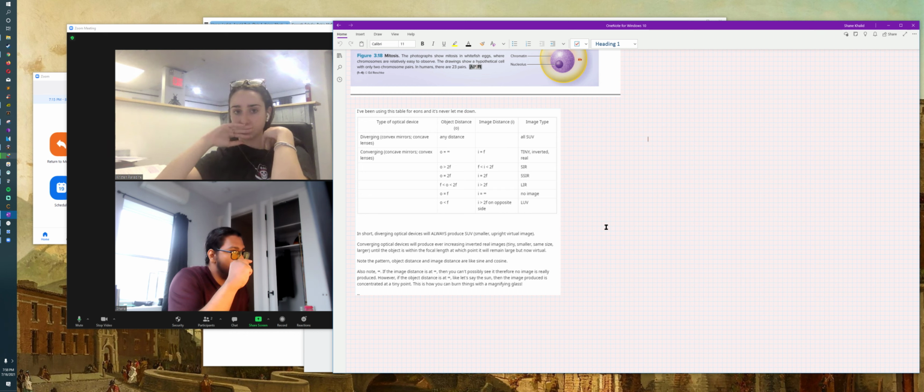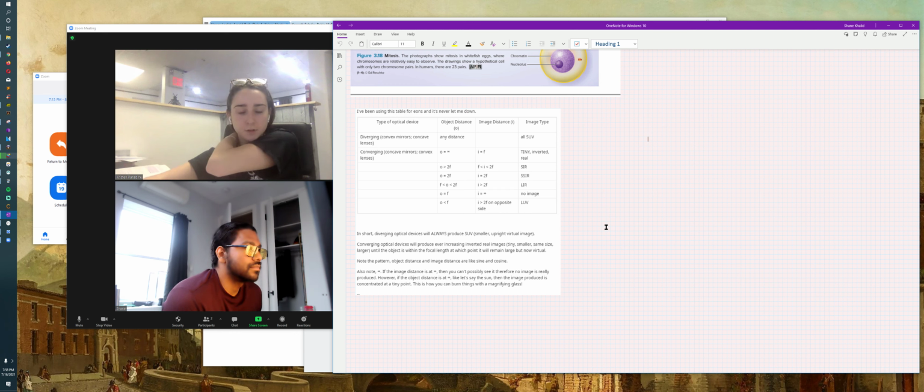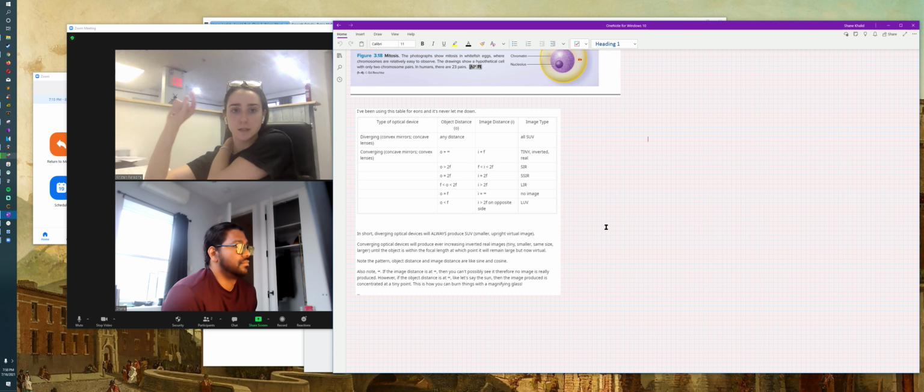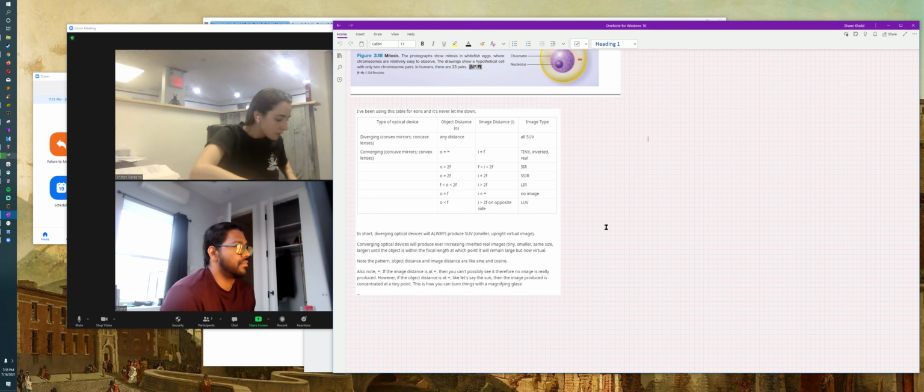Then, as it gets closer, it'll be small, inverted and real. It starts off when the object distance is infinity away, and then the I is the image distance, and the F is the focal length. When those are equal to each other. Oh, I drew these all out somewhere.